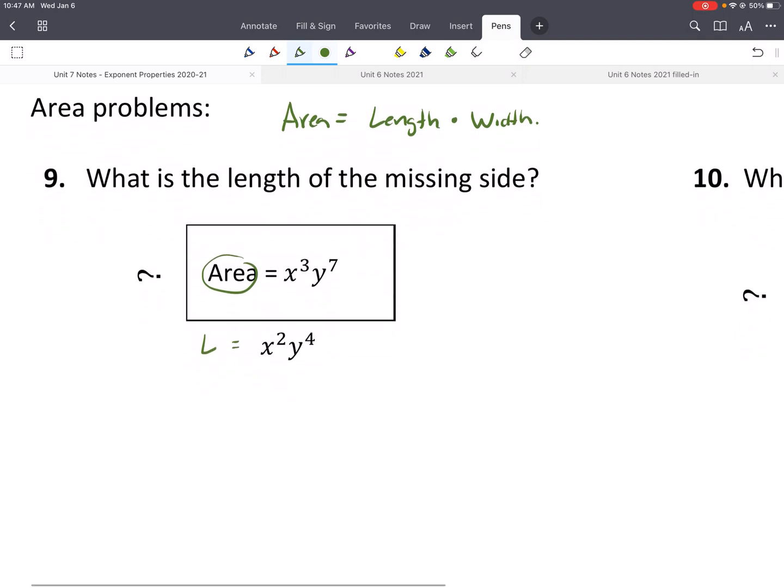So we plug that in, we end up getting x to the 3rd, y to the 7th is equal to x squared, y to the 4th, times the width. And that's what we're going to try and find. We're going to try and find this width. So to do that, what we're going to need to do is divide both sides by x squared, y to the 4th.